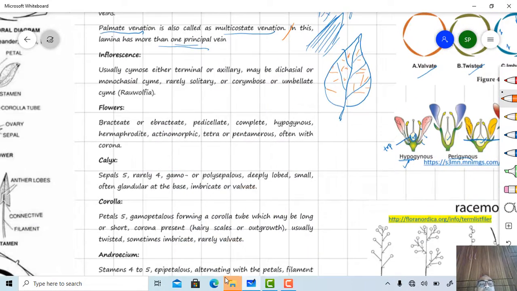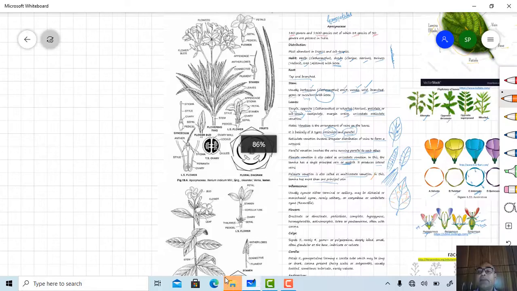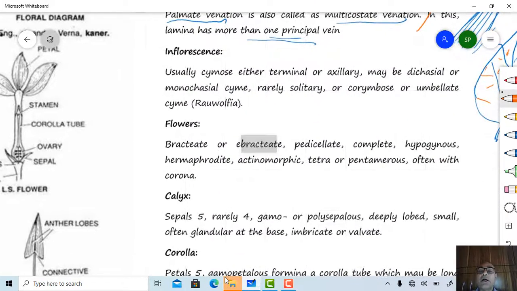Just about the inflorescence, usually cymose, either terminal or axillary. This is the position of an inflorescence. These inflorescences are present either at a terminal apical position, or they may be present at an axillary position, may be dicasial. Okay, first flower, it produces laterally two flowers. This is the dicasial, or it may be monochasial.